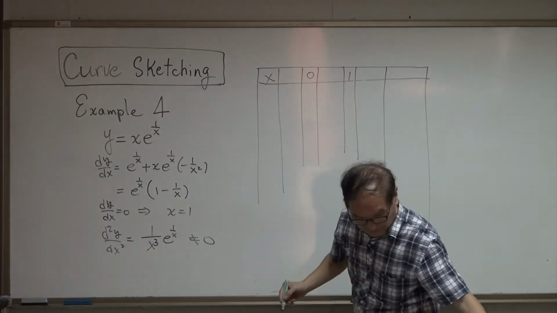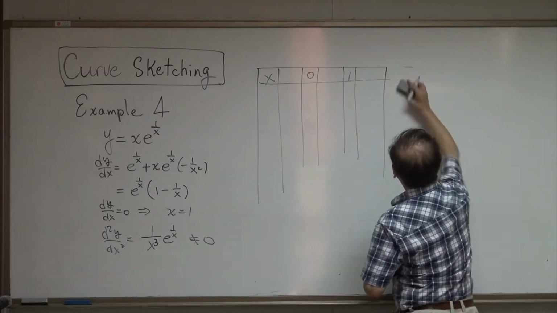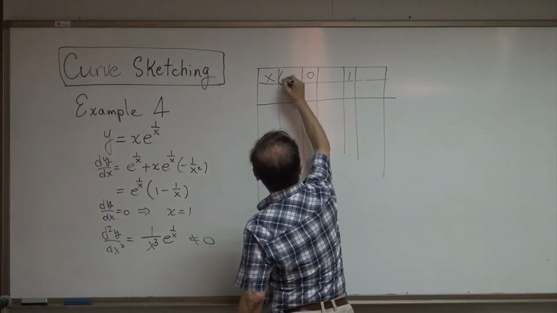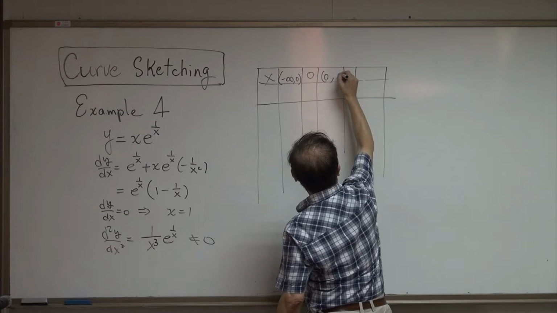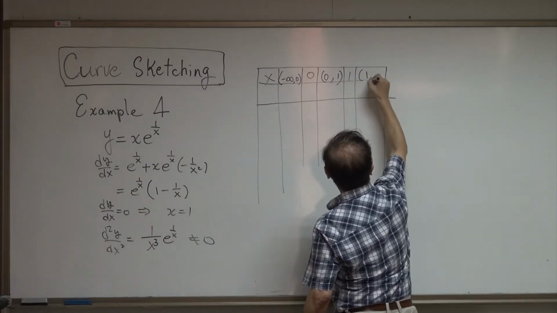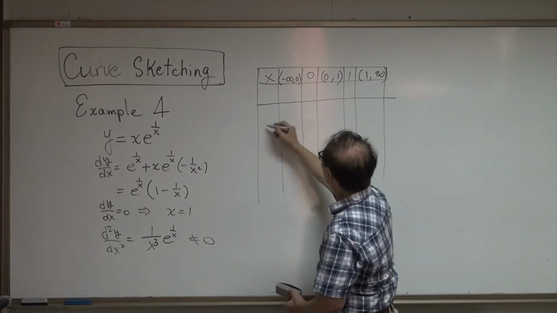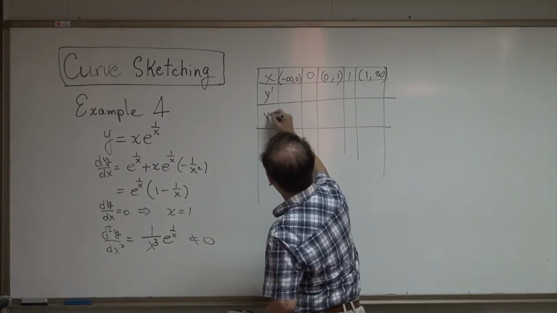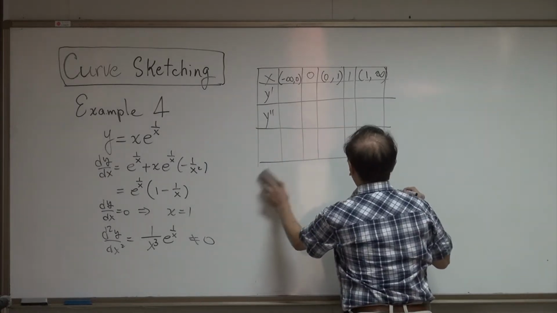All right, that's it. And then you have minus infinity to 0, and from 0 to 1, and 1 to infinity. And this is y derivative, second derivative, and this is y.